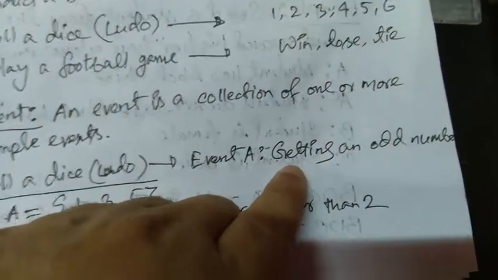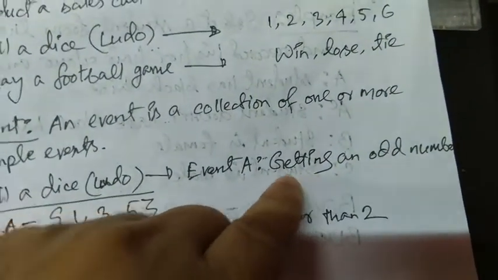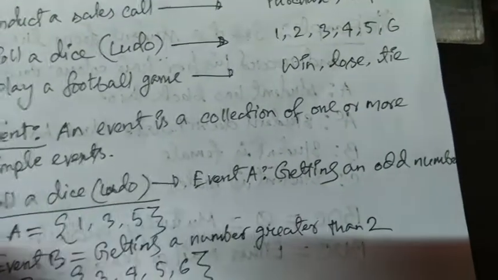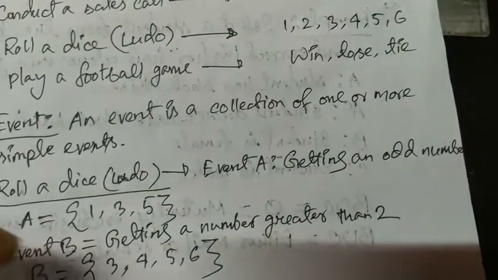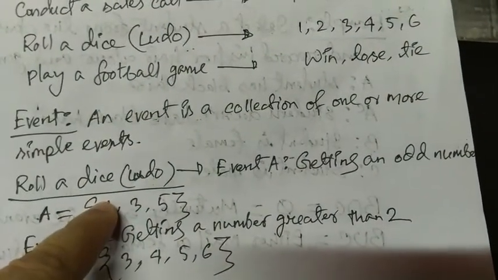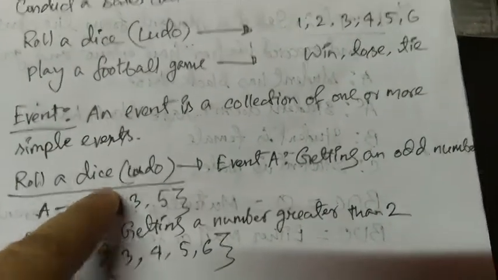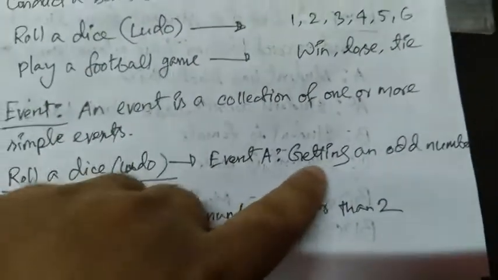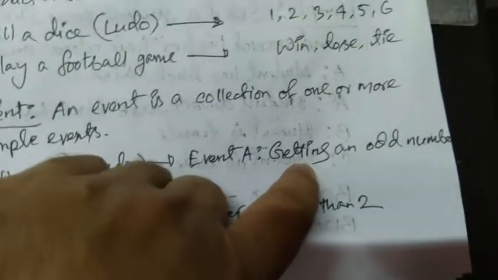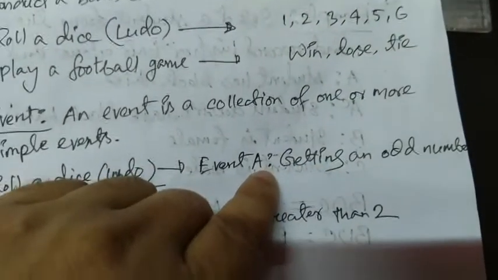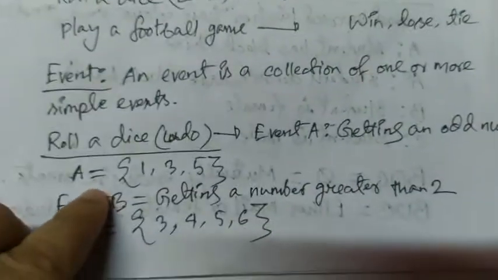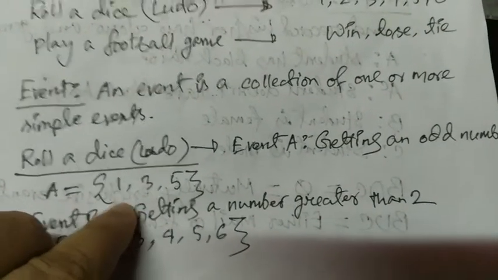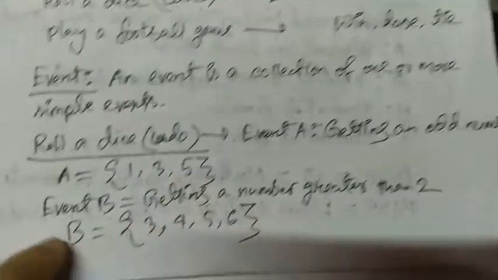So let us define getting an odd number as event A. Getting an odd number means 1, 3 or 5. When you roll a chokka or dice, the odd numbers are 1, 3 and 5. So these are multiple outcomes. All these 3 outcomes constitute event A. So event A is 1, 3 and 5.